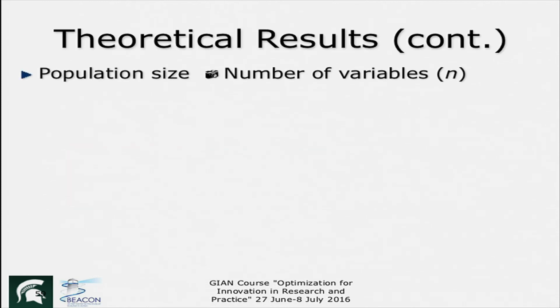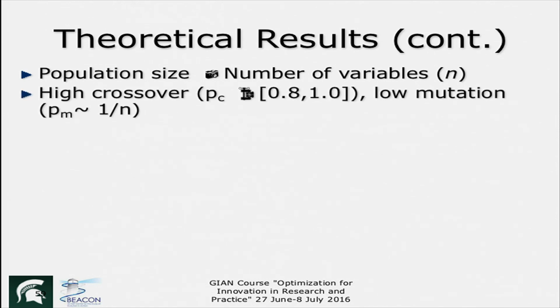Population size, the symbol is funny here. Population size in proportion to the number of variables. Usually all this theory, the functional approach that we talked about, gives us this kind of idea. We usually say 5 to 10 times the number of variables if you're starting with a random initial population. We should use crossover with a very high probability, 0.8 to 1.0.